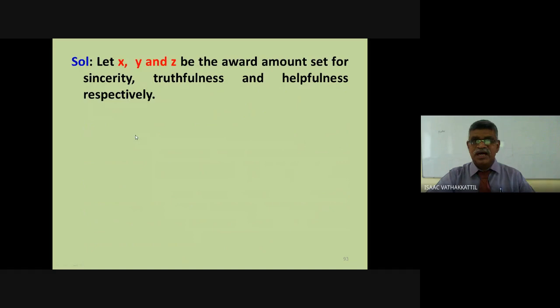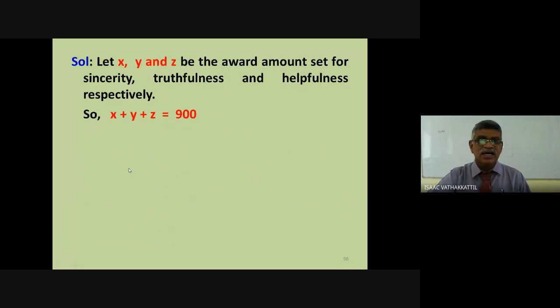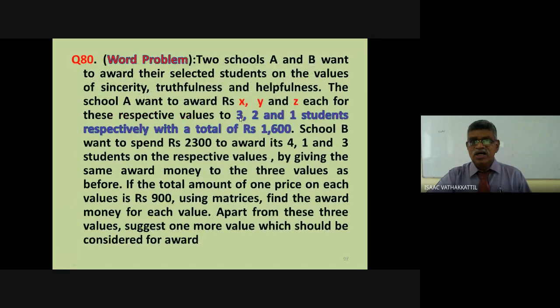Let X, Y, Z be the award amount set for sincerity, truthfulness and helpfulness respectively. Total amount of one prize each: that means we have the equation X plus Y plus Z equal to 900. And what is next? 3, 2 and 1 students, rupees 1600.